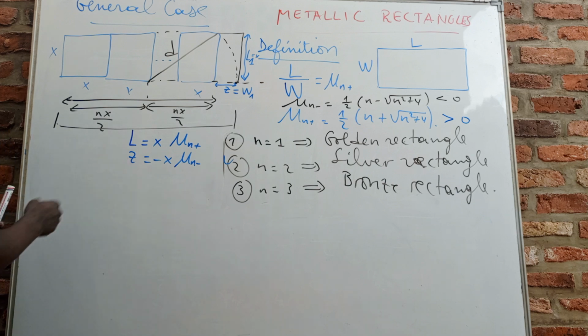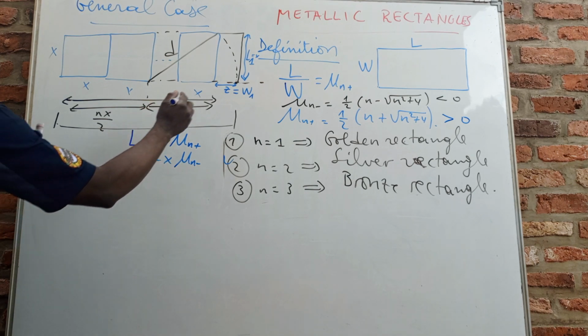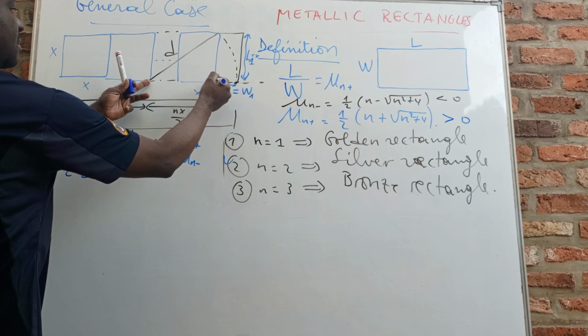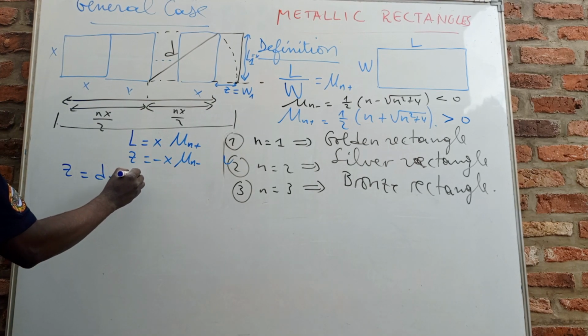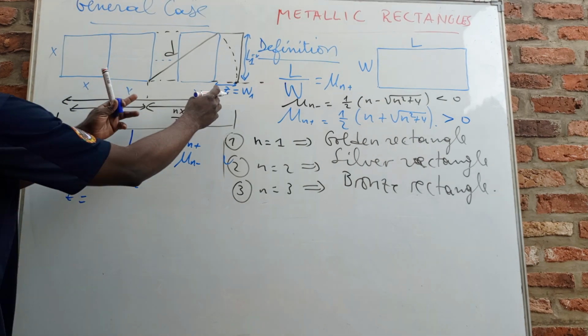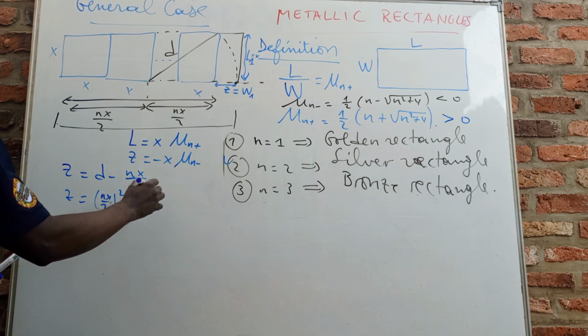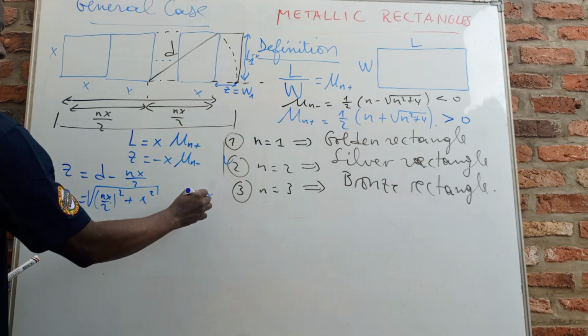Okay, so first of all, as we did before, let us calculate z. It is this diagonal minus this length nx over 2. The diagonal, by the Pythagorean theorem, is the square root of (nx over 2) squared plus x squared, then minus nx over 2.